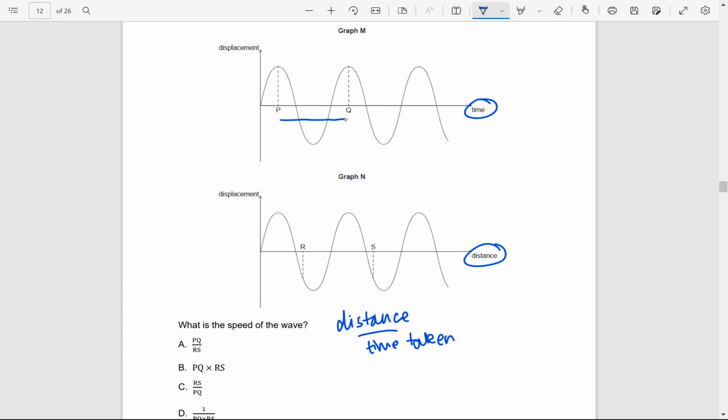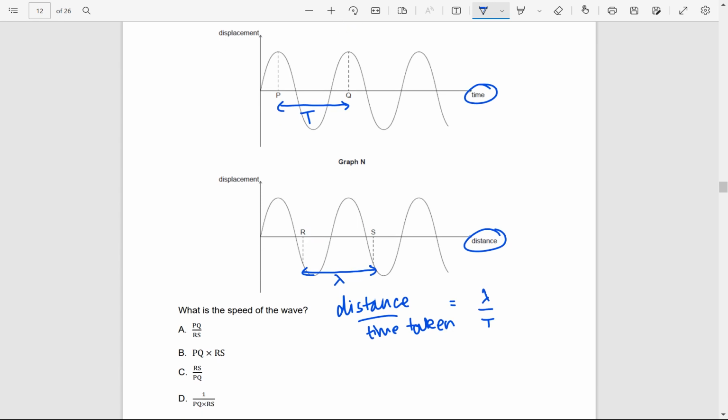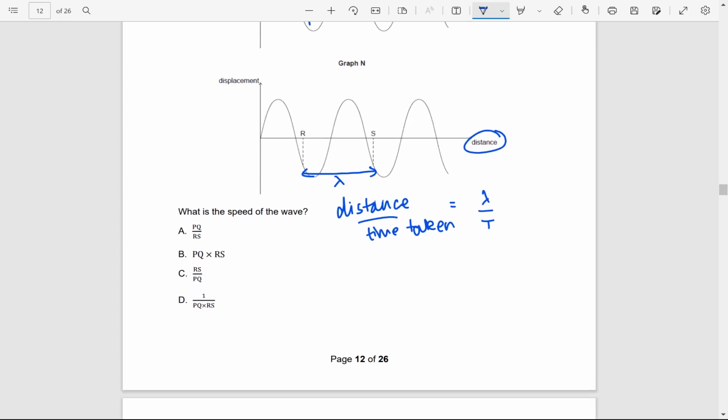This is time, so this is showing the period of the wave. So this is the period, and this here is the distance. So here we've got a wavelength. So we've got a wavelength over a period, so it's going to be RS over PQ.